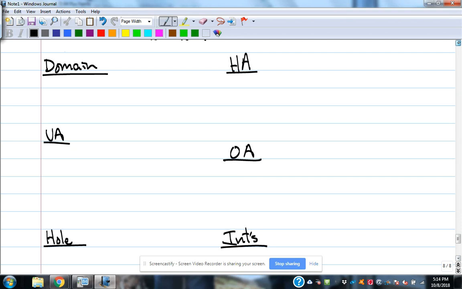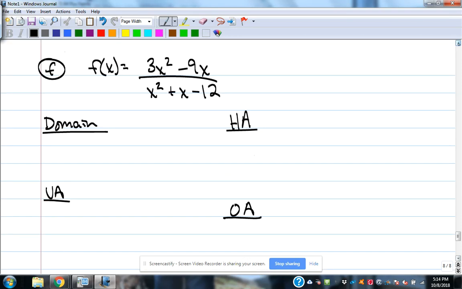All right. Domain. How do we get that? Denominator equal to 0. So x squared plus x minus 12 equals 0. Factor that. You've got to multiply to be negative 12 and add to be a 1 because there's a 1 in front of that x.